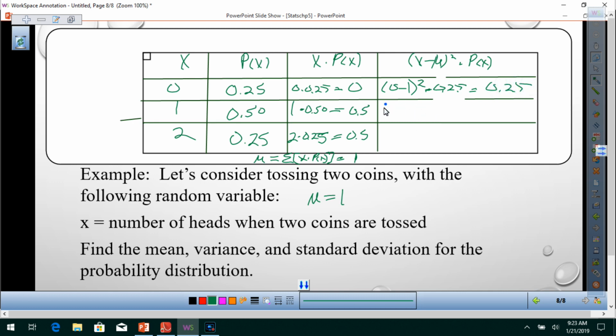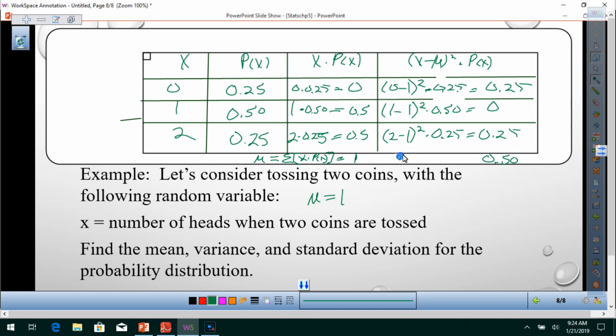And next we got 1 minus 1 squared times 0.50 equals 0. 1 minus 1 is 0. 0 squared is 0. 0 times 0.5 is 0. And then we have 2 minus 1 squared times 0.25 equals, well, 2 minus 1 squared is 1. That's going to give you 0.25. If we add these, that is 0.50.